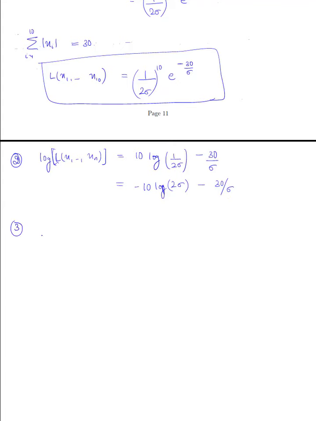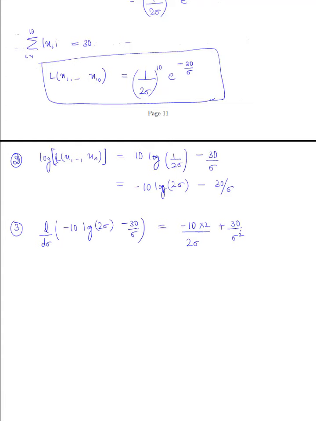So the third step is you differentiate the log likelihood function with respect to sigma. So d upon d sigma of minus 10 log 2 sigma minus 30 by sigma. This is equal to minus 10 upon 2 sigma times 2 plus 30 upon sigma square.